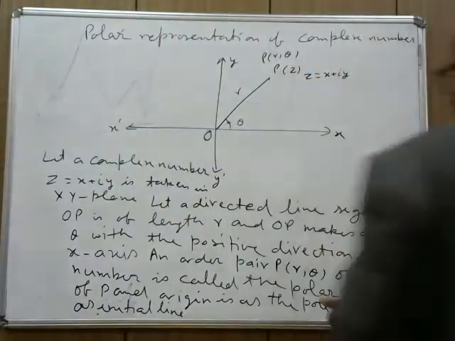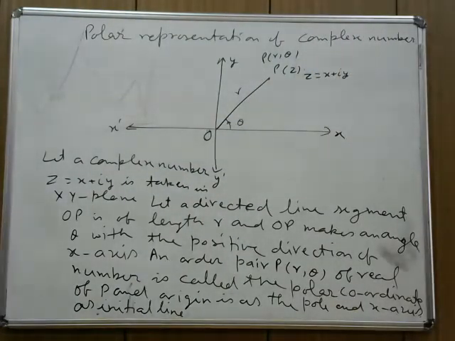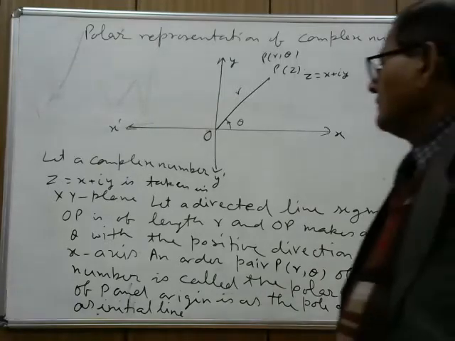The xy plane is the complex plane, also called the Argand plane. So z equal to x plus iy is taken in the xy plane. Let a directed line segment OP be of length r and OP makes an angle theta with the positive direction of the x-axis. An ordered pair P(r, theta) of real numbers is called the polar coordinate of P, with the origin as the pole and the x-axis as the initial line.